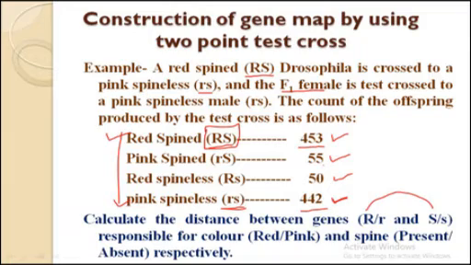So the number of offspring and progeny is also useful to identify parental types.